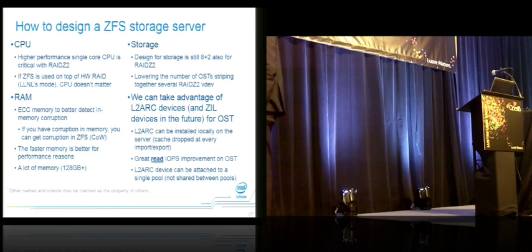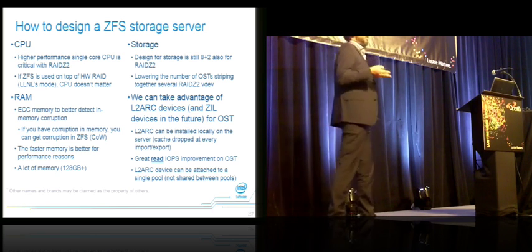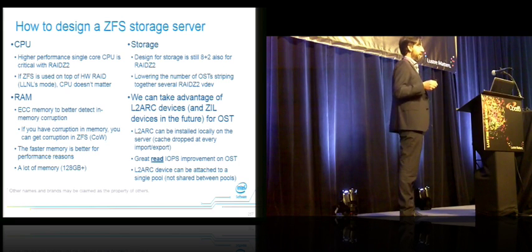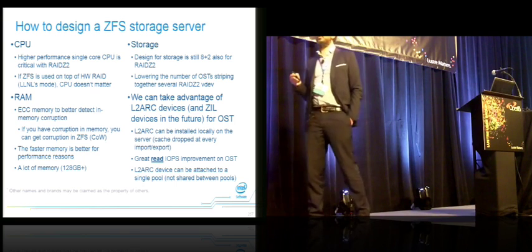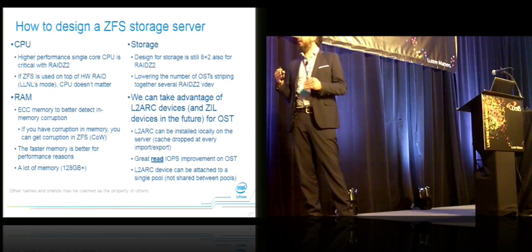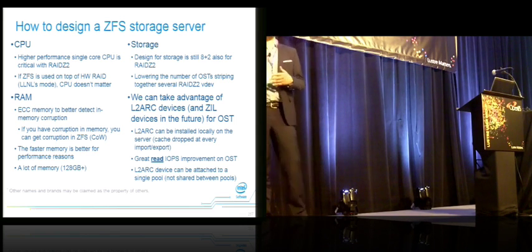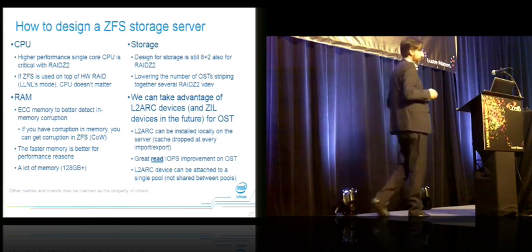For storage, even if you use RAID-Z2, we suggest an 8+2 type of configuration for your object storage target. We also suggest using the striping capability of ZFS to put together in striping mode several RAID-Z2 VDEVs, in order to create more or less object storage targets for each server.